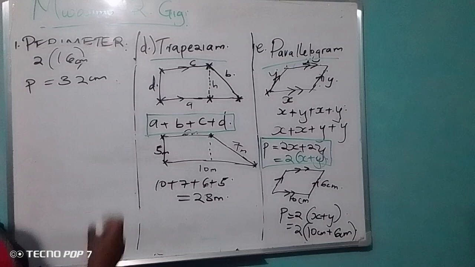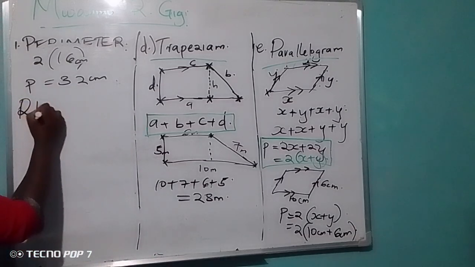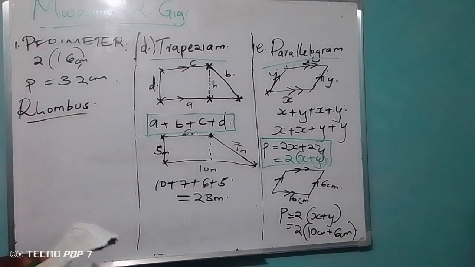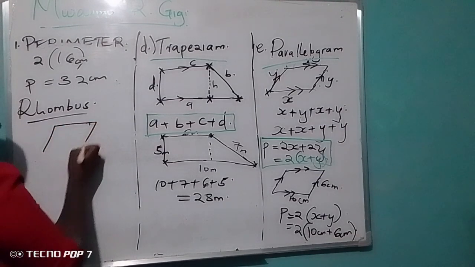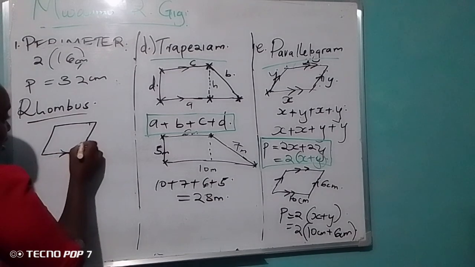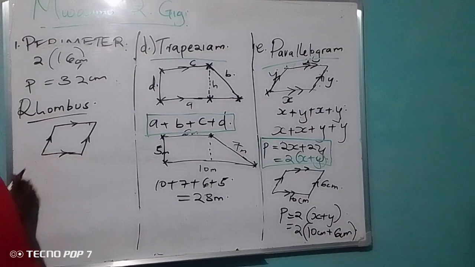We have parallelogram. Tuko na kitu inaitwa rhombus. Inaandikwa hivyo. Rhombus. Sasa in this case we tilt a square. Square hii imetiltiwa. Yani all sides are parallel.